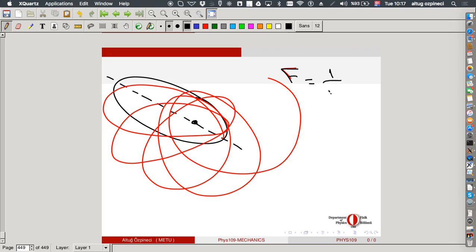The force felt by planets had this 1 over r squared behavior with some coefficient, plus there's also some correction, 1 over r cubed, plus, of course, terms that go as 1 over r to the 4, which are much, much smaller. And just adding this 1 over r cubed term, we could explain the motion of Mercury. The other terms would give negligible effect. So this is also shown as one of the successes of Einstein's theory of general relativity.